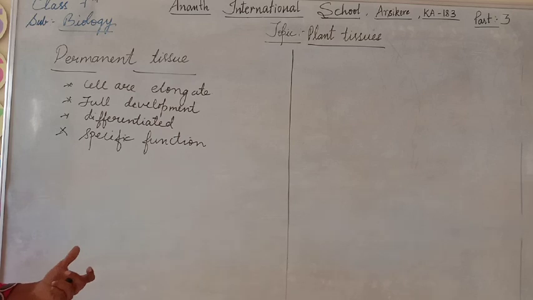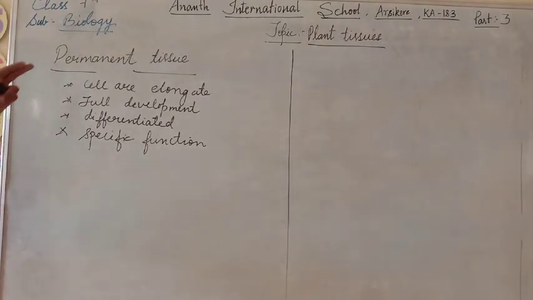So when all this takes place, where are the cells present now? These cells are present in the permanent tissue. These cells are called the permanent tissue. Then what is permanent tissue?